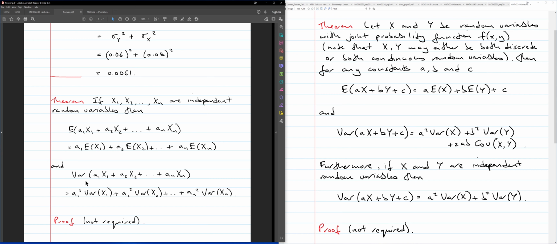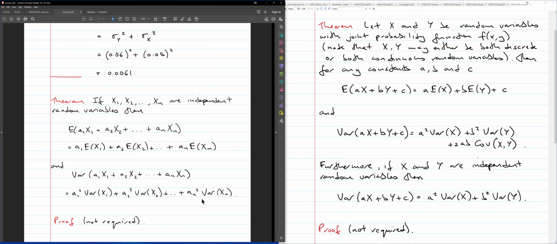And similarly across here, the variance of this is going to be: you take the variance of the individual random variables, you take the coefficient in front, for example a1, square it, and multiply it by the variance of x1. Likewise, this coefficient a2, you square it to get a2 squared, and multiply it by the variance of x2.